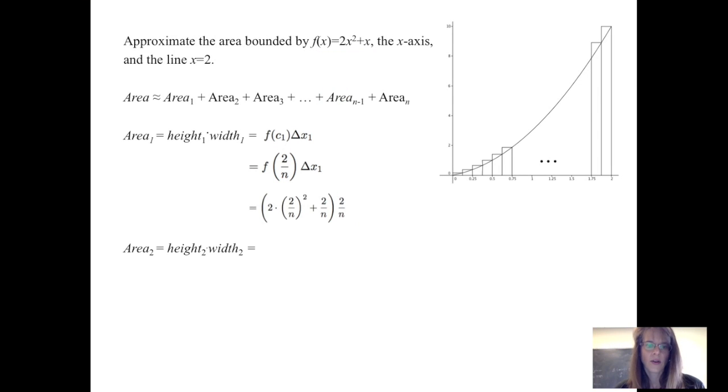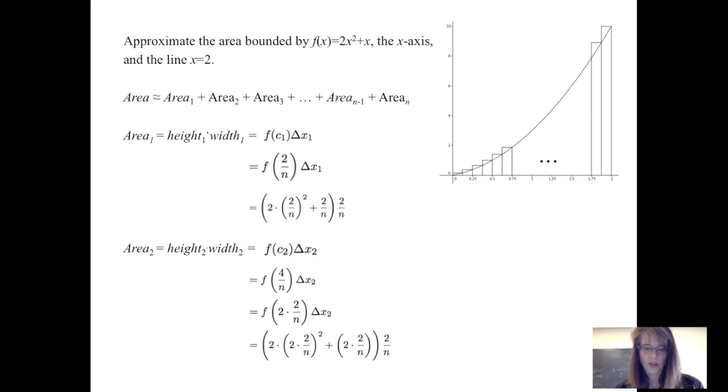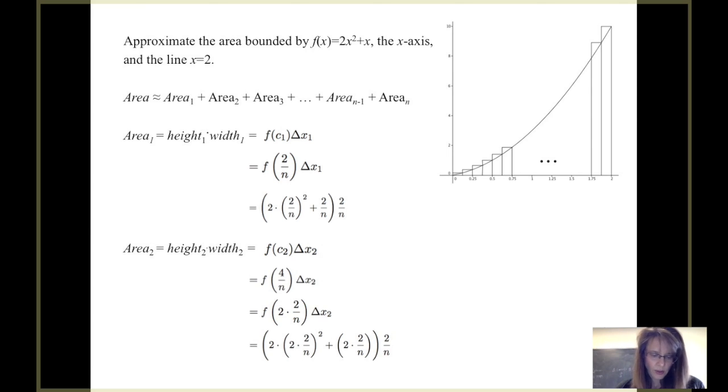Looking at the second rectangle, its area is determined by the second height times the second width. Again, our width is going to be 2 over n, which we denote using delta x sub 2. The height is going to be determined by taking our second sample point, c sub 2, which we said was 4 over n, and plugging that into our function f of x equals 2x squared plus x.